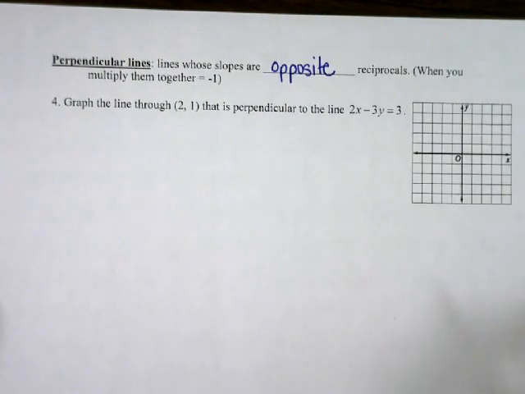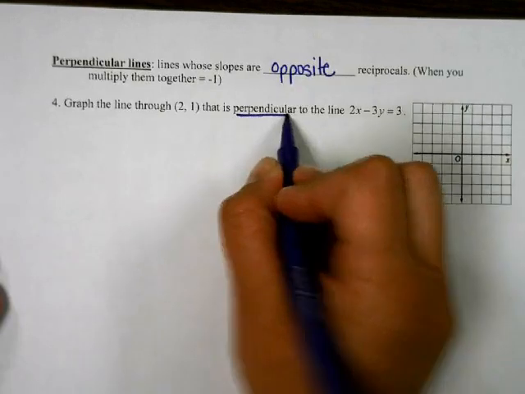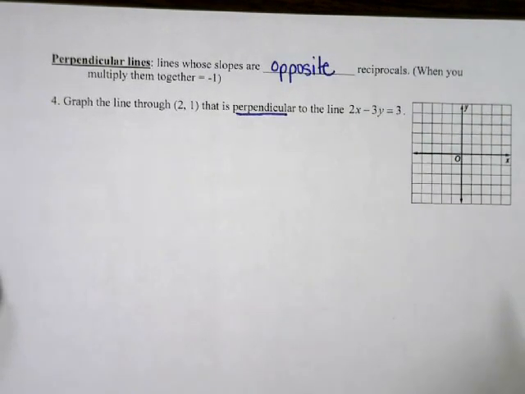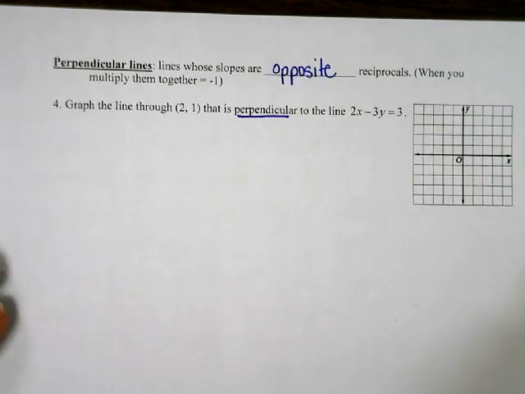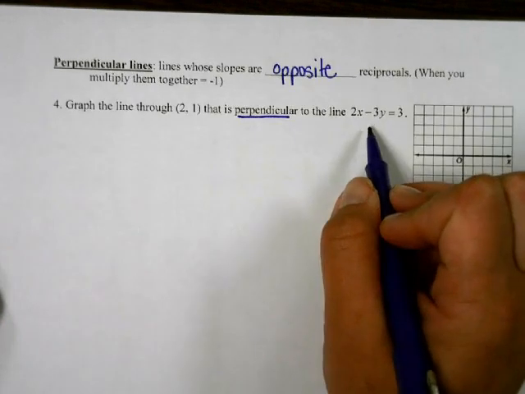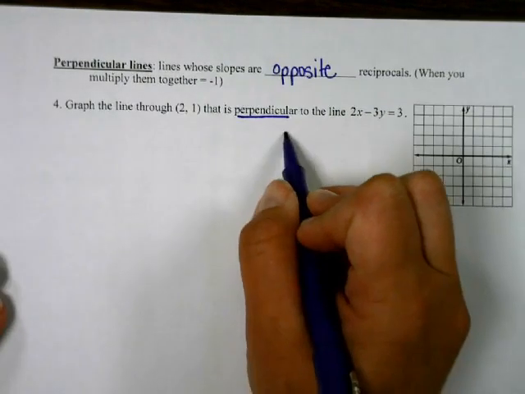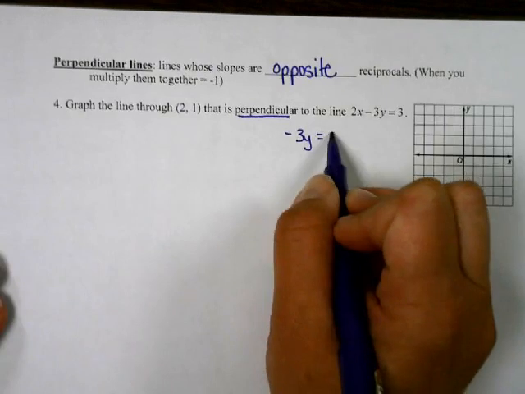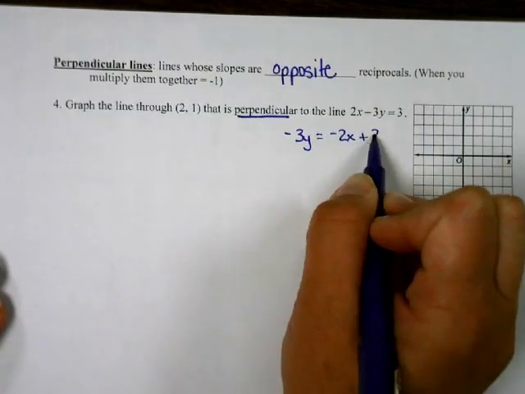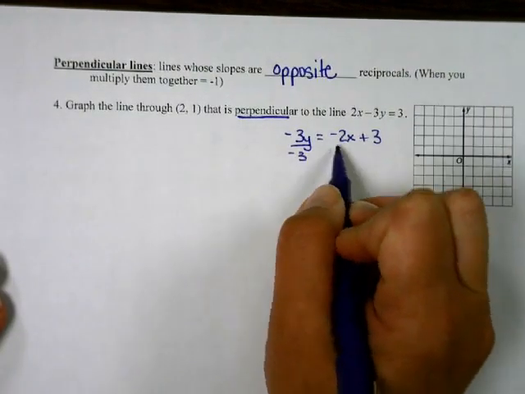Number 4 says graph the line through the point (2, 1) that is perpendicular to the line 2x minus 3y equals 3. Let's rearrange this to get our slope. So -3y is equal to -2x plus 3. Divide everybody by -3.